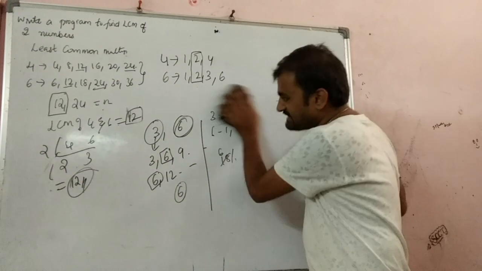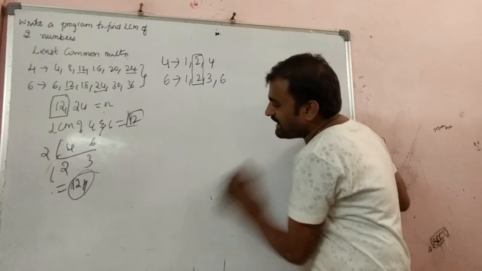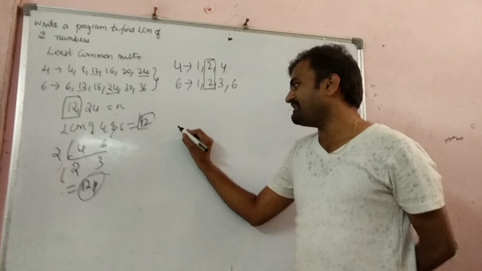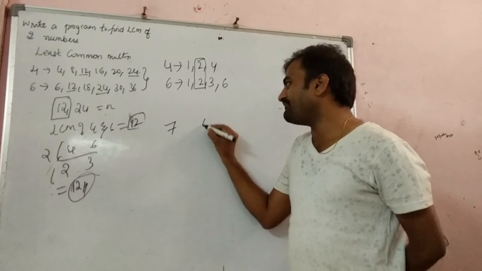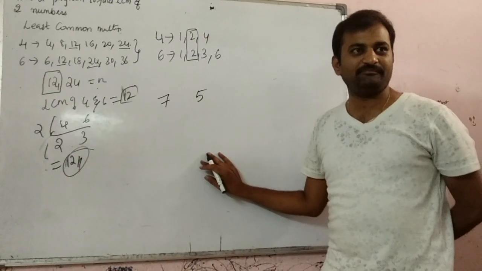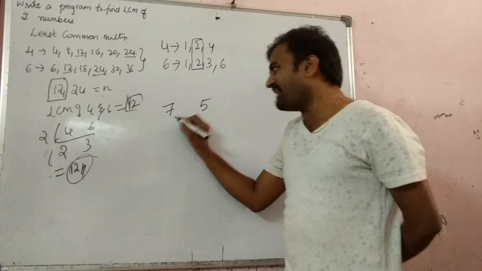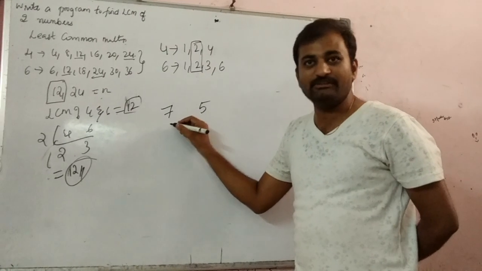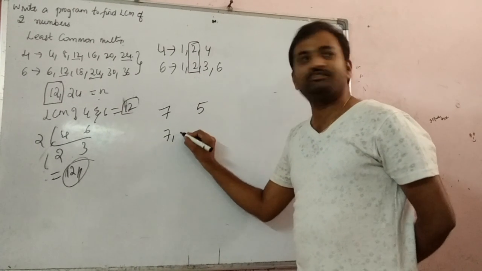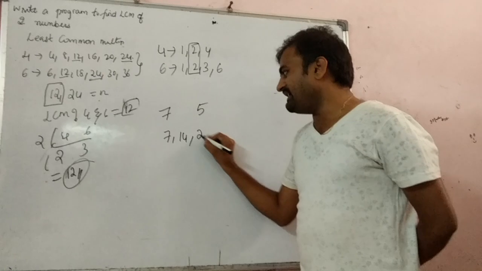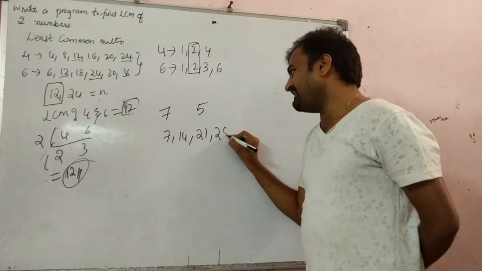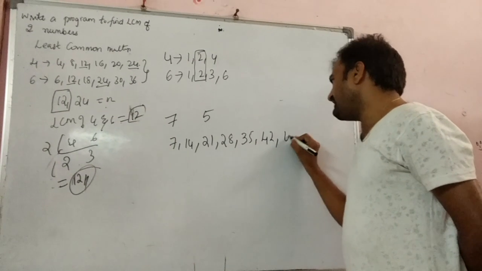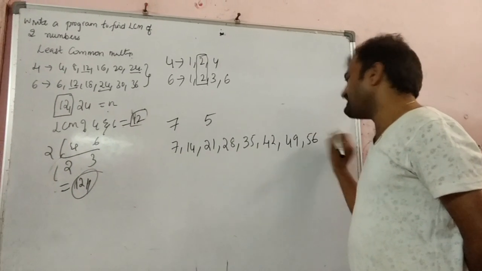Now let's take another example where both are prime numbers: 7 and 5. The multiples of 7 are 7, 14, 21, 28, 35, 42, 49, 56 and so on.